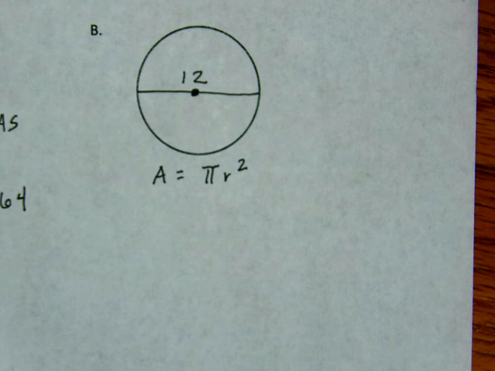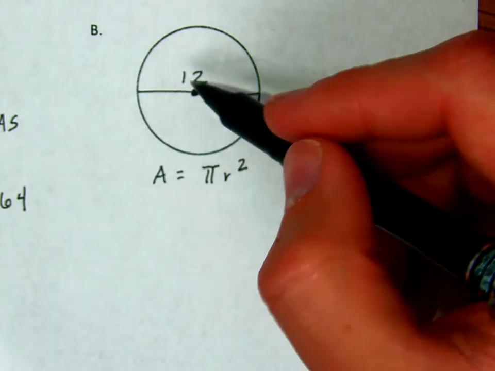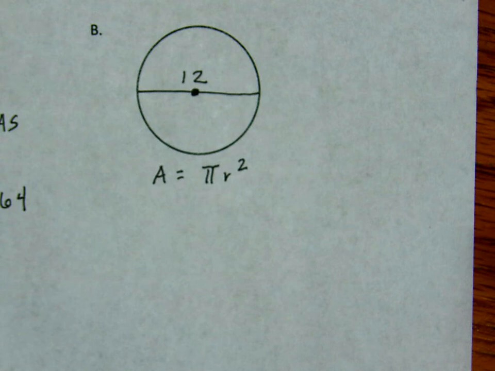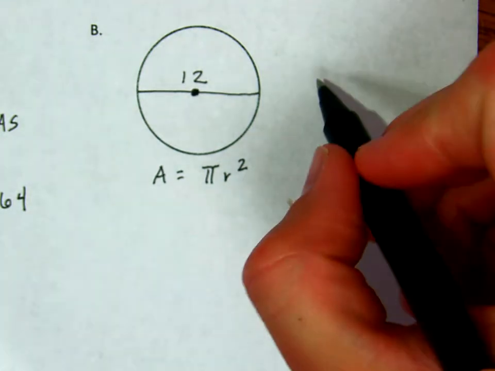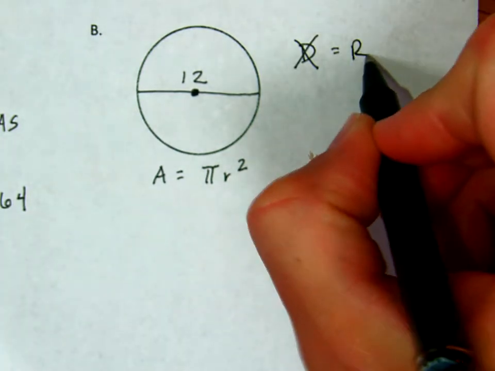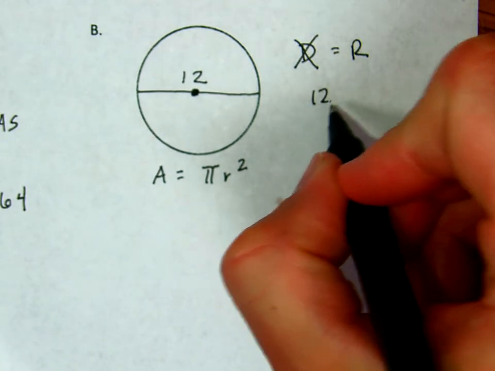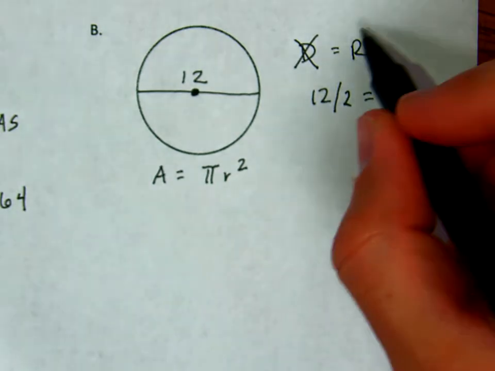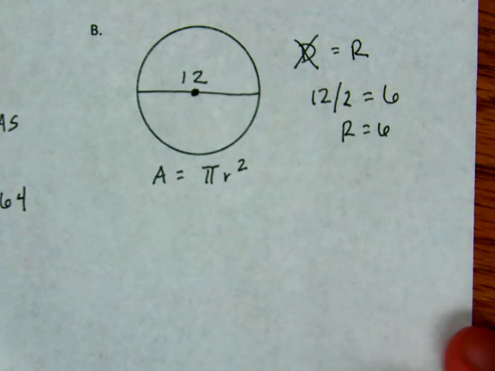Radius is half the diameter. So in order to get half of this, we need to divide by 2. We don't need diameter, we need radius. So 12 divided by 2 should give us 6, our radius. So our radius equals 6 here.